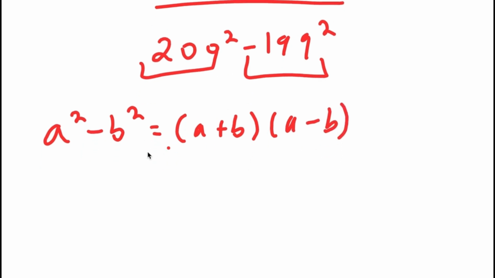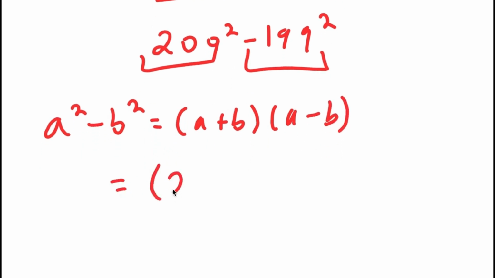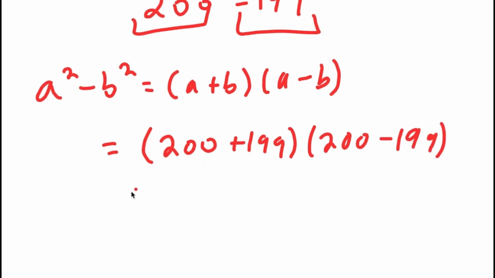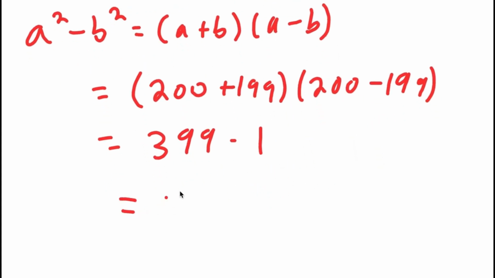And I'm going to use this property on here. So this means that I get 200 plus 199 times 200 minus 199. 200 plus 199 is 399, and 200 minus 199 is simply 1. So I get 399 times 1, which is just 399.